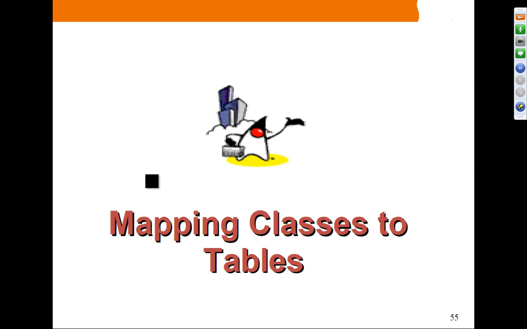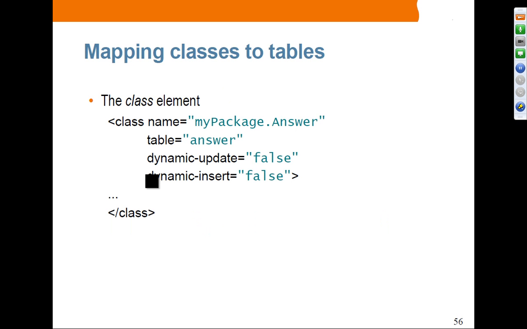All right, so mapping classes to tables. If you see the syntax of it, basically you are going to use a class element and then you provide the name of the class. So you specify the complete package structure, for example my package.answer class, and the name of the table is going to be answer, and then you can have a bunch of other attributes. We're going to look into these attributes in a few minutes.